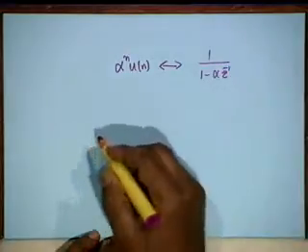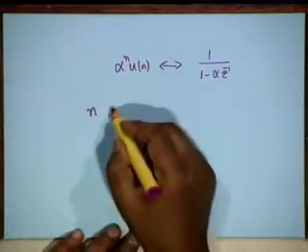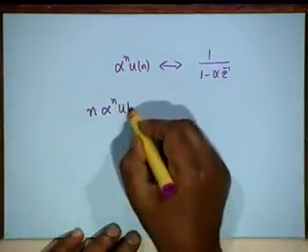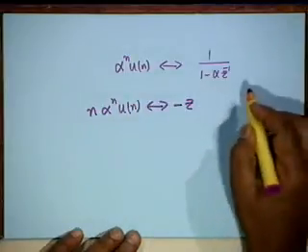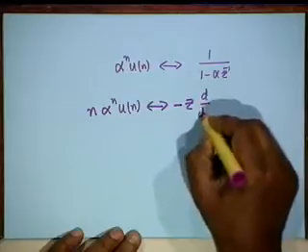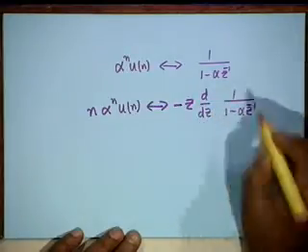If I multiply this by n alpha to the n u[n], the Z transform will be minus Z d/dz of 1 by 1 minus alpha Z inverse.